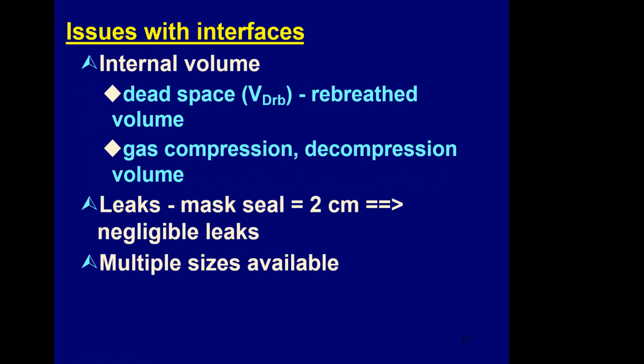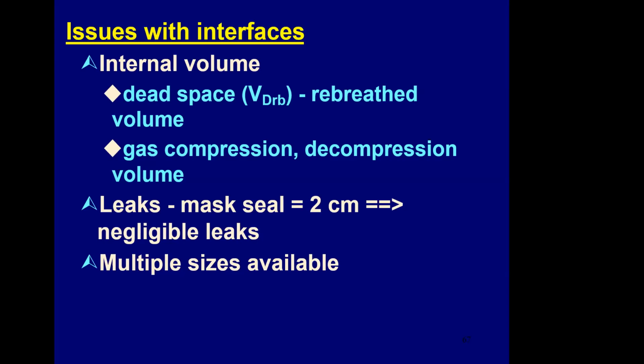Other issues include the internal volume of the interface. This internal volume, I'm speaking of a mask, adds rebreathed dead space ventilation, rebreathed volume. The patient exhales into the mask, then they rebreathe some of that air. Another issue can be that the volume of the mask will be compressed.